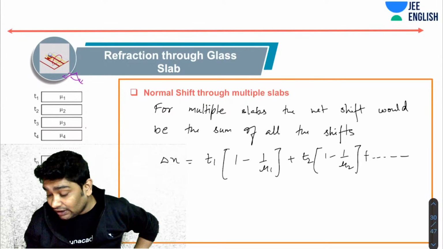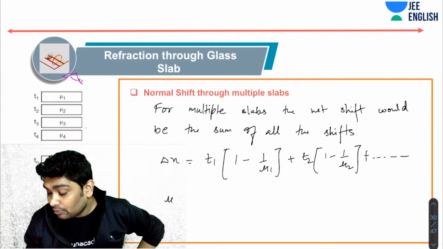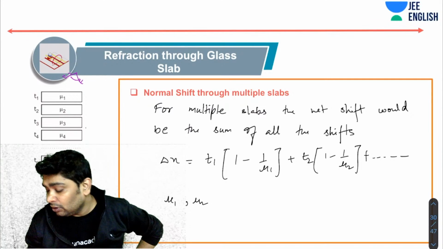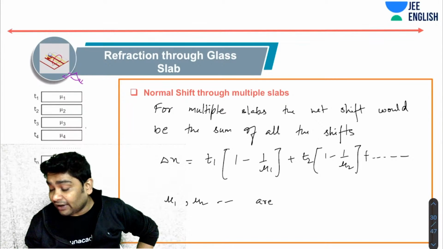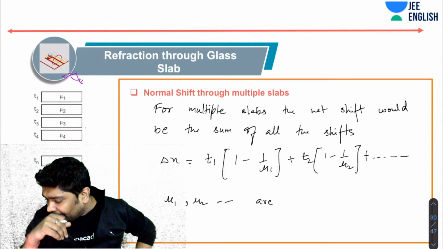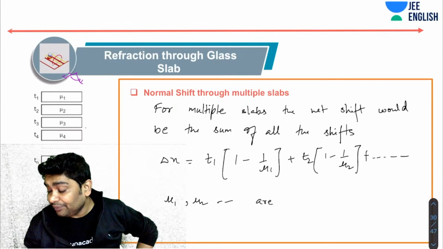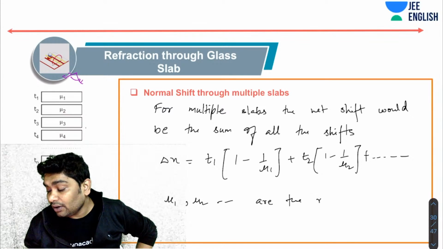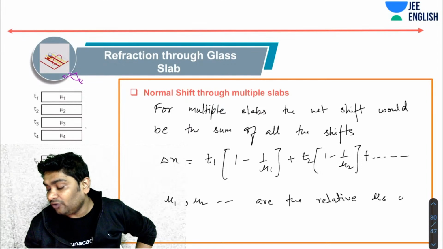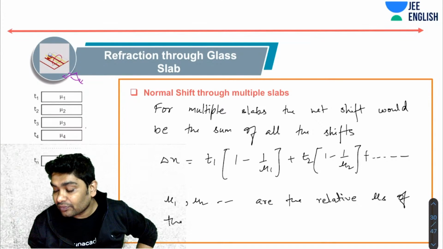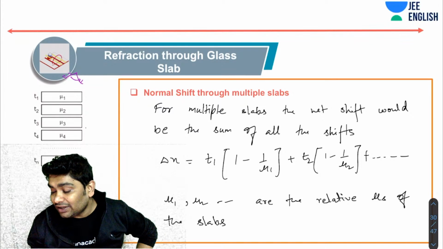And please note one thing, mu1, mu2 are the relative refractive indices of the slabs with respect to the medium of the observer.